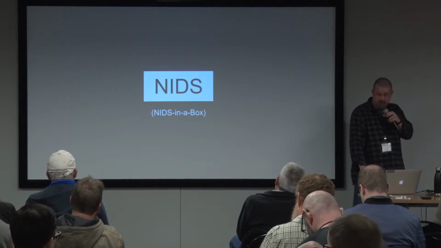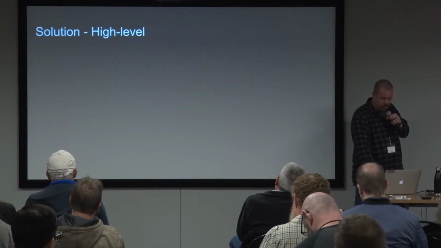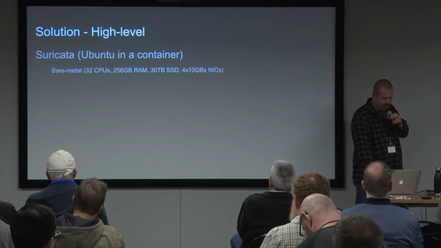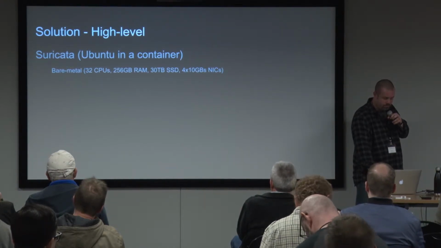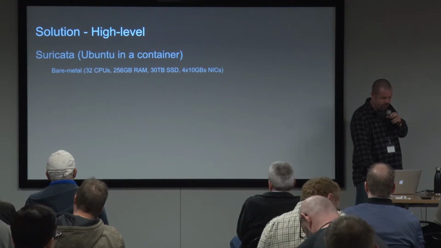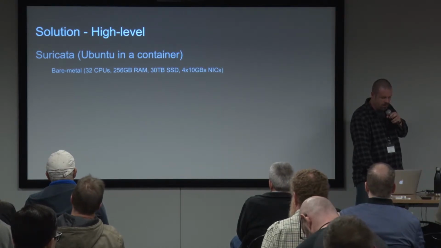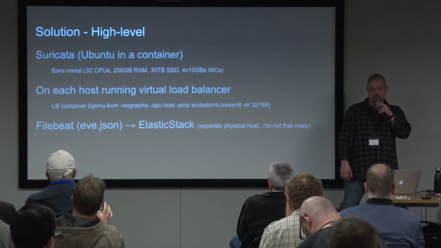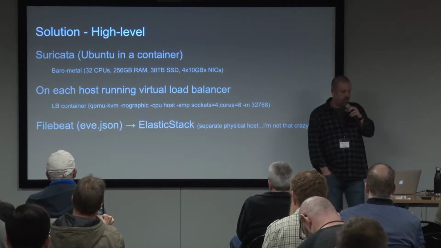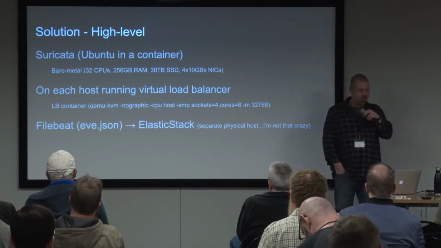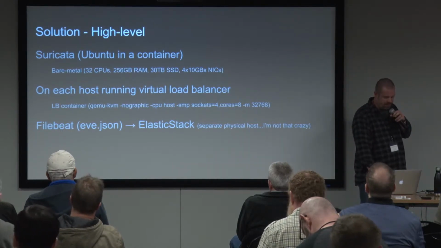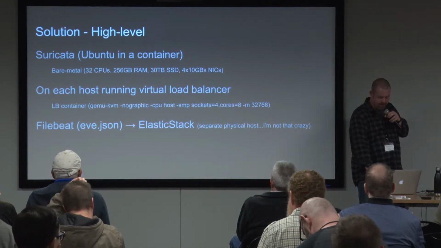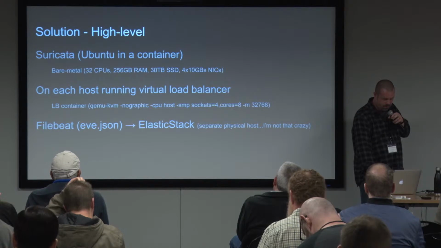So I'm calling this NIDS in a box. So Suricata running Ubuntu in a container, pretty beefy server, 32 CPUs, 256 RAM. Each Suricata host container is running on bare metal that is running the virtual load balancer. FileBeat is shipping the Eve.json file to Elastic Stack backend.